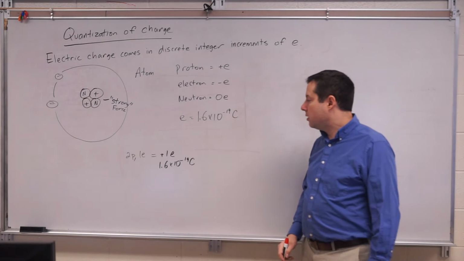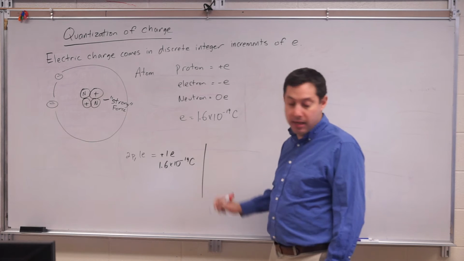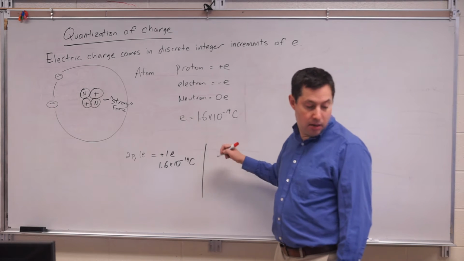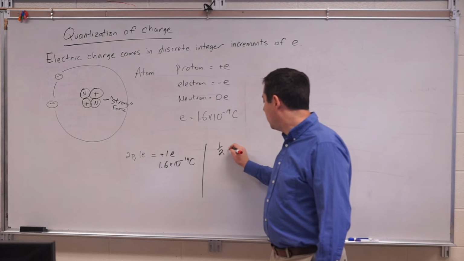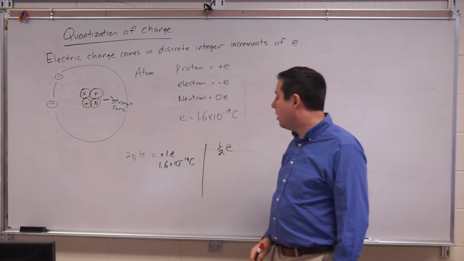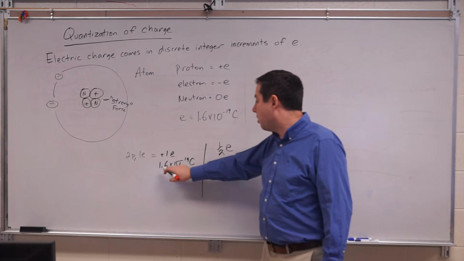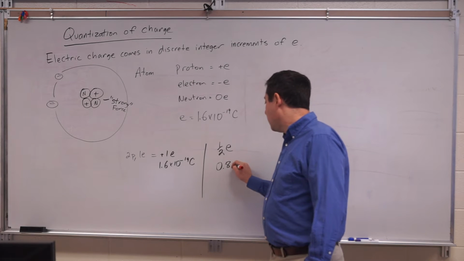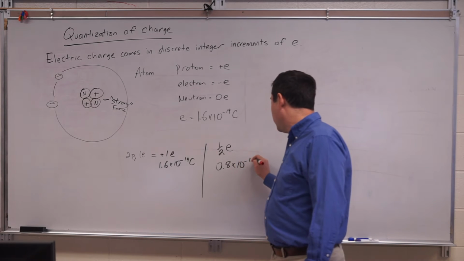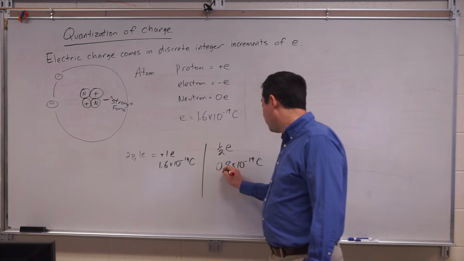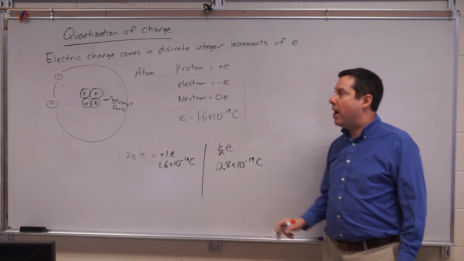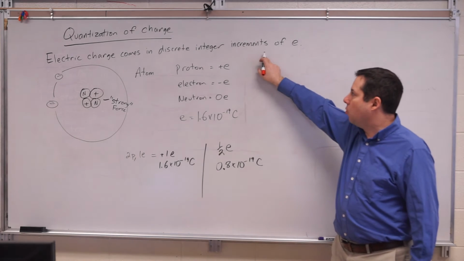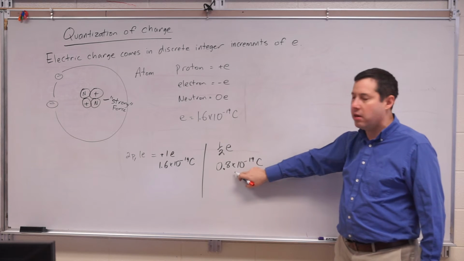Totally cool. Let's say we had something, though, that wanted to look at a charge of 1/2 e. 1/2 e would have a charge of 1/2 times this, which would be 0.8 times 10 to the negative 19th coulombs. However, it can only come in discrete integer increments of e.